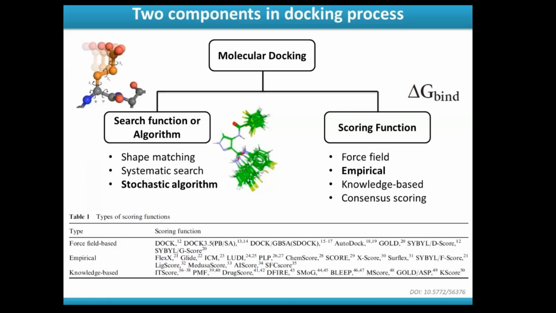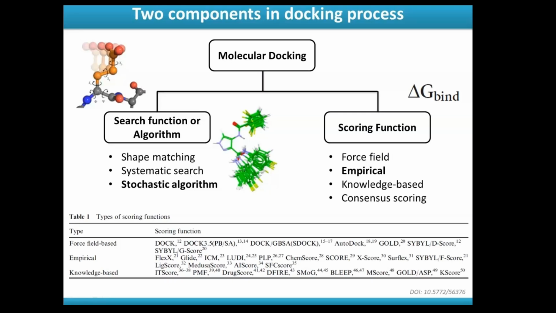That is, the bonds present in the ligand will be rotated one by one, systematically, to obtain multiple conformations. As you can see on the right hand side, that is a clustered ligand. Basically this is the same ligand having multiple structures. This is the work of a systematic search, which performs rotations around every bond.